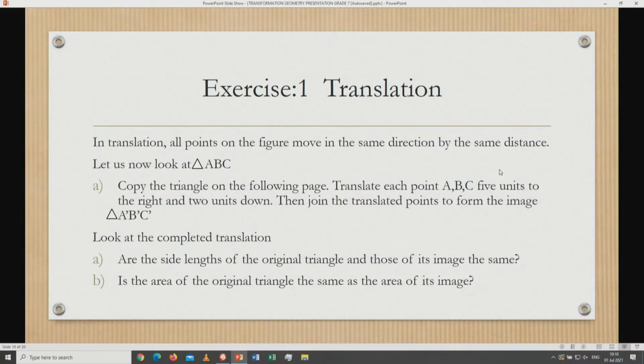Right. Exercise 1. Let us try it and put it into practice. It says, in translation, all points on the figure move in the same direction by the same distance. Now, let us look at triangle ABC.